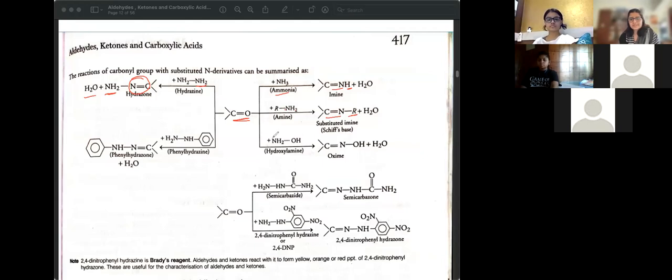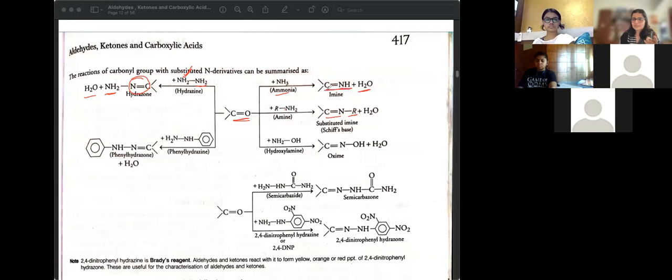So the template is the exact same thing. You need to notice, the first step, like in the addition reaction, from the reagent, remove one hydrogen. And then the second step, that becomes a double bond. So remove another hydrogen. So basically, beginning to end, two hydrogens are removed. And in place of C double bond O, C double bond N has come. So you have water being removed.